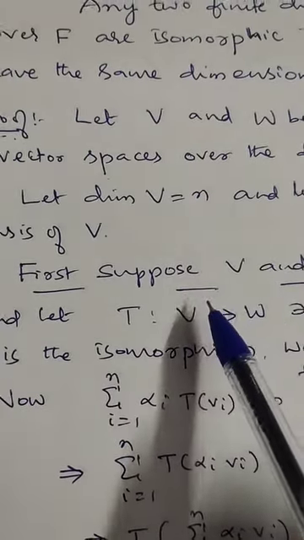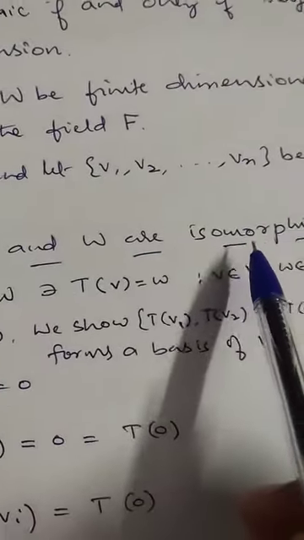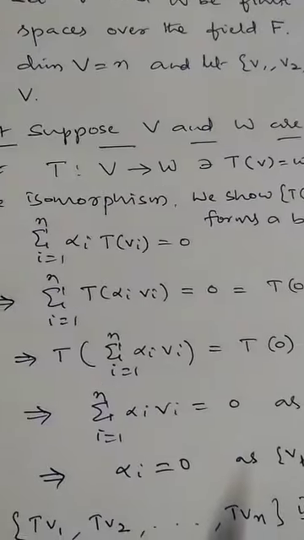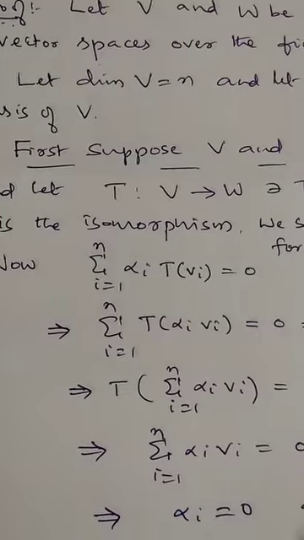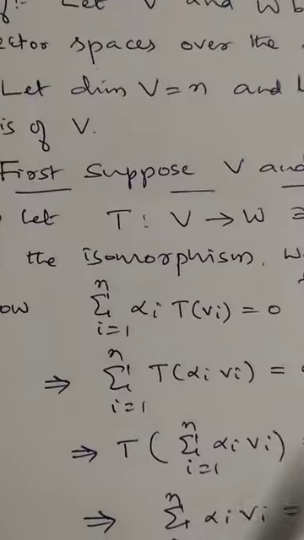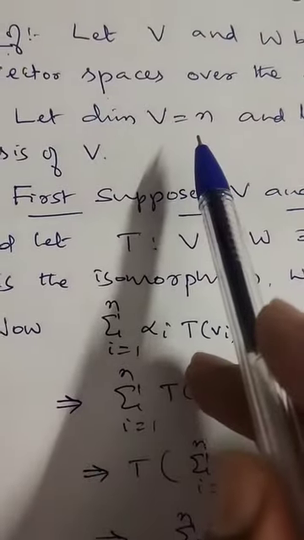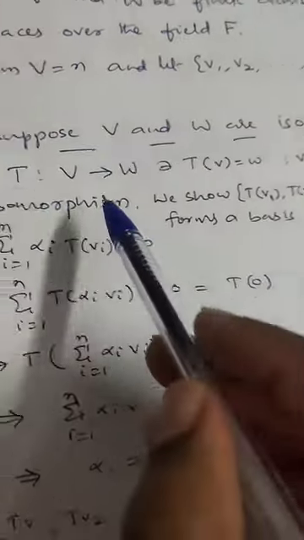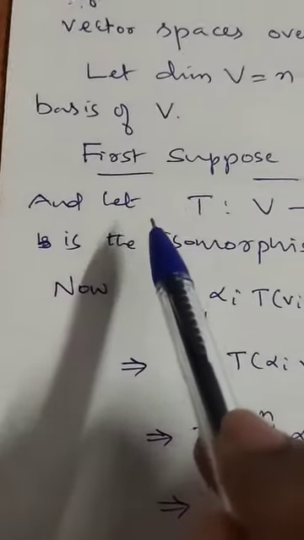First, suppose V and W are isomorphic. You assume that V and W are isomorphic. What we have to show is that the dimension of V as well as the dimension of W are the same. Already we have taken the dimension of V to be n, therefore we need to show the dimension of W is also n.